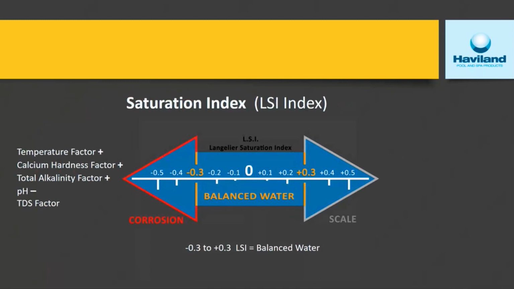And we want that answer to fall between negative 0.3 and positive 0.3. If it doesn't, then we need to do something to the water to get it there. I may need to increase my calcium count. I may need to decrease my alkalinity. You need to do something. We need to get it within that range.